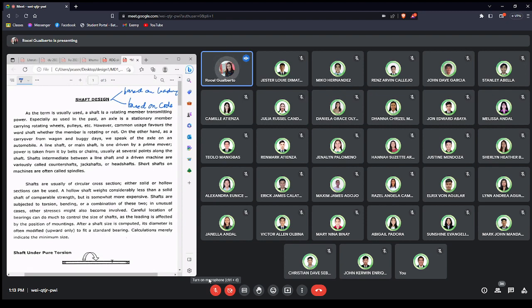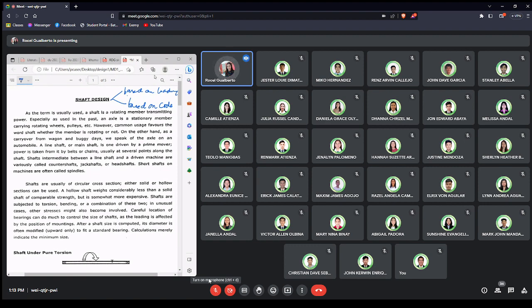We start with loading. This means we consider the loads on the shaft, and based on these loads we evaluate its induced stress, and then you come up with the design stress to arrive at your required dimension. So that is the shaft design based on the loading.